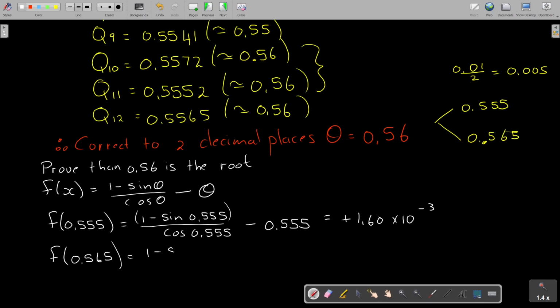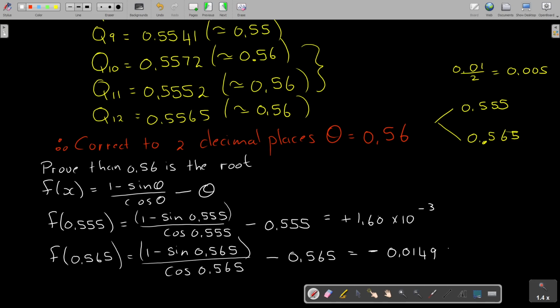So it's going to be 1 minus sin, again the bracket, 0.565, close the bracket, divide cos 0.565 equals, subtract 0.555 equals, oh, there comes the negative, 0.0149, no, that is just the answer. You could have made it, but I'm just going to leave it like that.